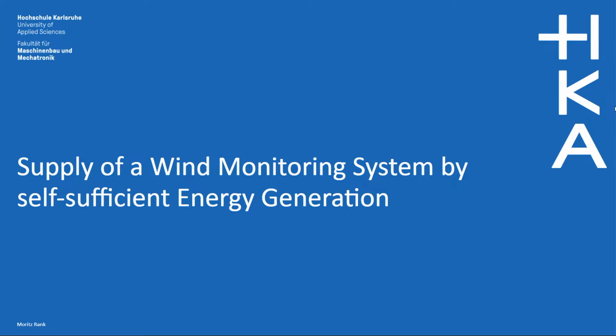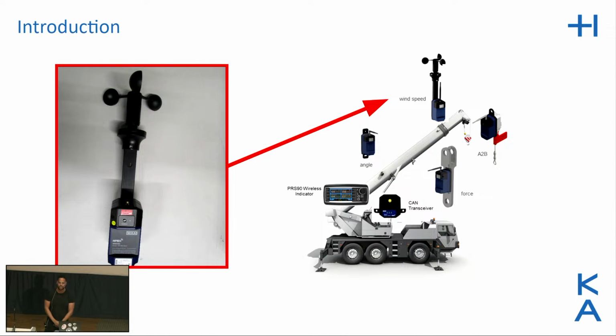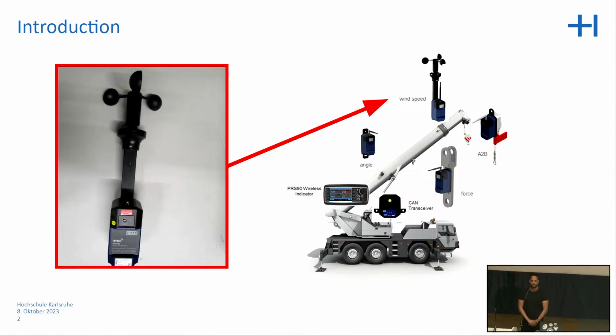Welcome to my presentation about my project, the supply of a wind monitoring system by a self-sufficient energy generator. I did my project with a company called Vika Mobile Control, and the company has safety systems for cranes.